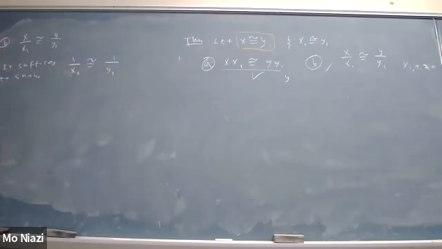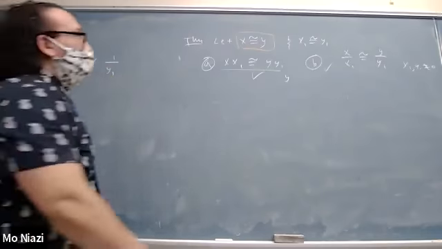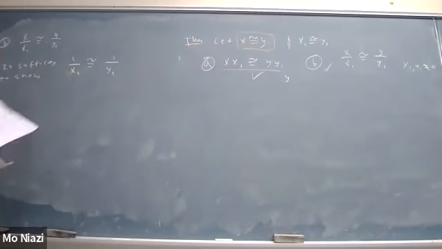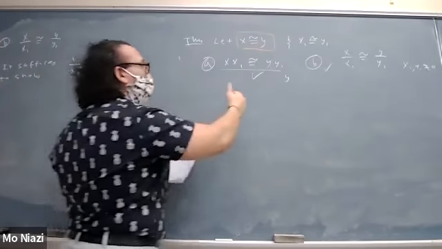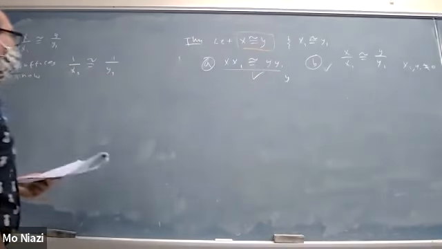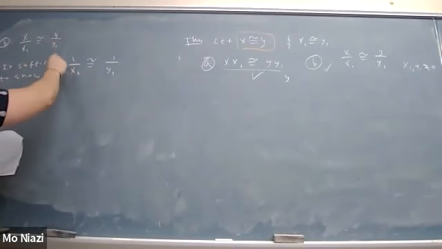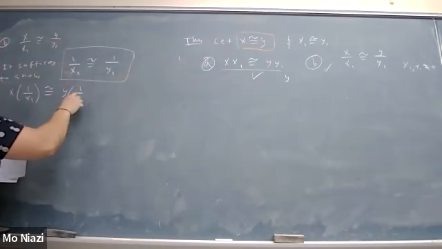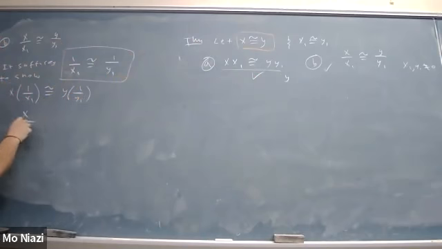Oh, because we could just use part A to finish it off. If we show it to this point, we can use part A, something that we've already proved, to finish it off. Because then it just suffices to show this. Because once you've shown that, if this is true, then x times 1 over x1 should be approximately y times 1 over y1, which clearly this is what we want to show.